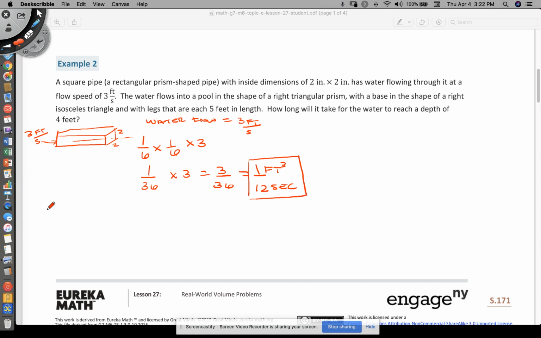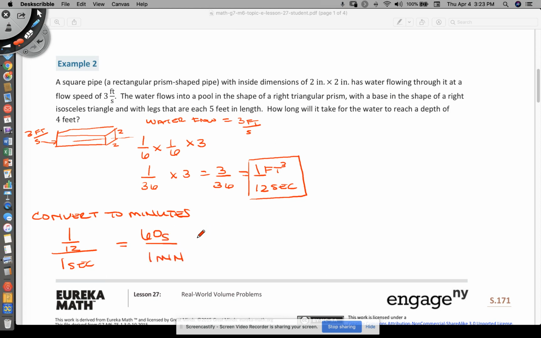Now I'm going to take that answer and I'm going to convert it to minutes. And that's because it wants to know all of this in terms of minutes. So convert to minutes. So I'm going to take 1/12 for 1 second equals 60 seconds in 1 minute.